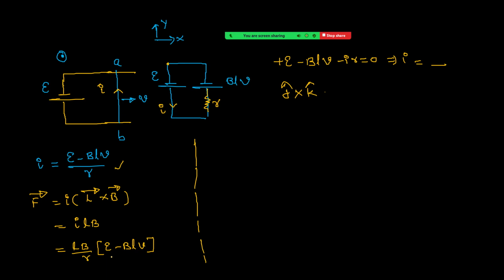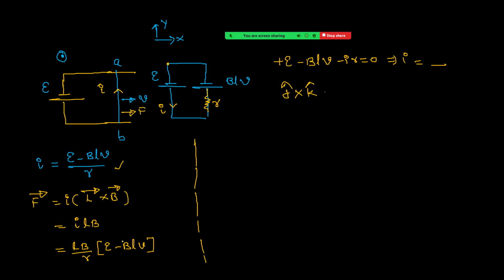If you observe carefully, at an instant t the wire is given a small velocity V towards the right. Initially the V value is small, and here we got a force. It is I into L bar cross B bar, with L bar J cap and B bar K cap. So J cap cross K cap is I cap. So the force is to the right side. That means speed is now increasing.